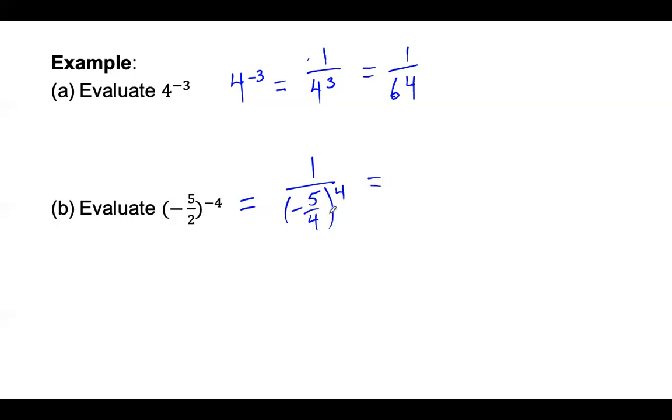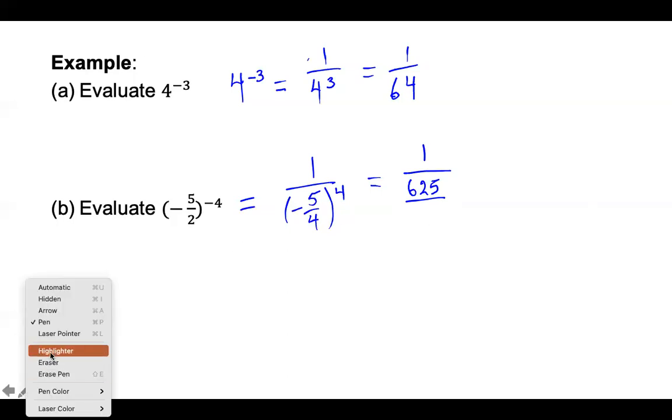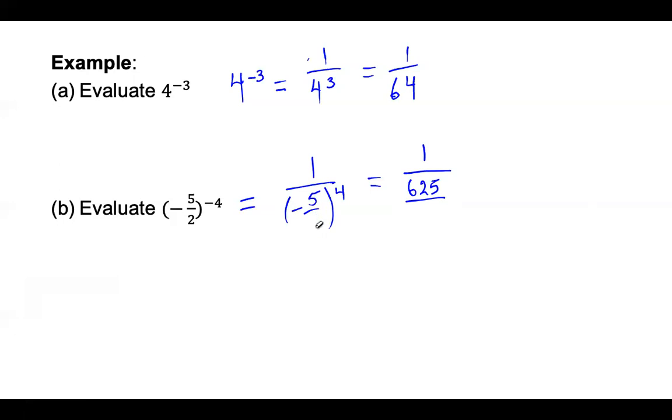Now we compute this. Negative to the power 4 is positive. So 1 over, then 5 to the power 4 is 625. 4 to the power 4 is, oh, whoops, why did I write 4? No one corrected me. It's 2. There. So 2 to the power 4 is 16.